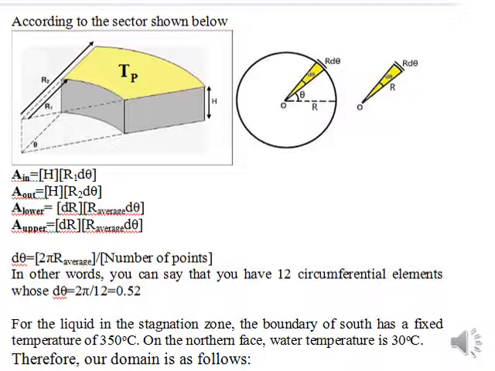Now, for the liquid in the stagnation zone, the boundary of the south has a fixed temperature of 350. On the northern face, water temperature is 30. We know that the surface temperature is kept at 350. We know that water is coming from its source at 30.